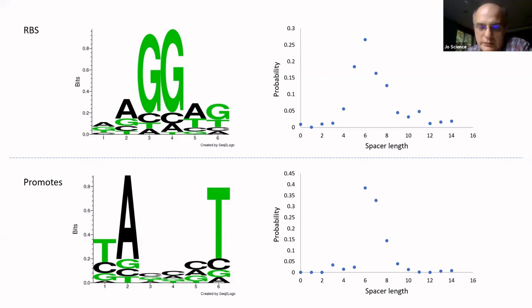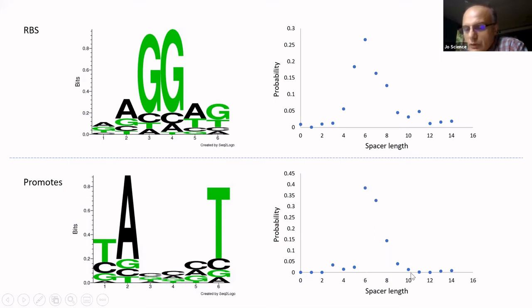And in this case, the signal which is associated with a start is a promoter. And we see a classical canonical promoter signal with a lot of T's and A's for this type of bacteria. And when you look at localization, it's perfectly localized in a fixed position.